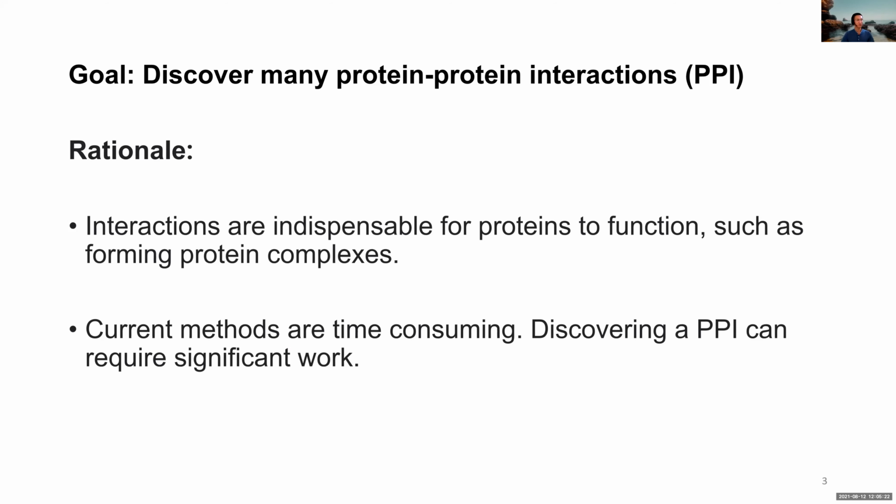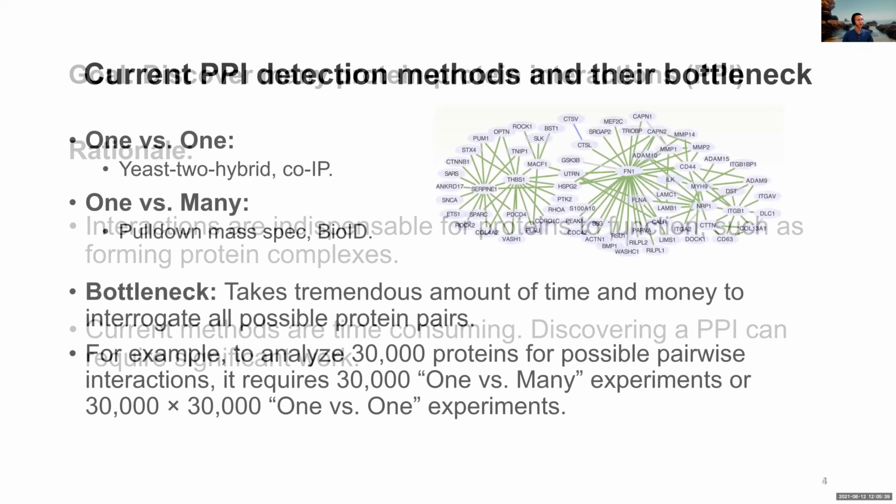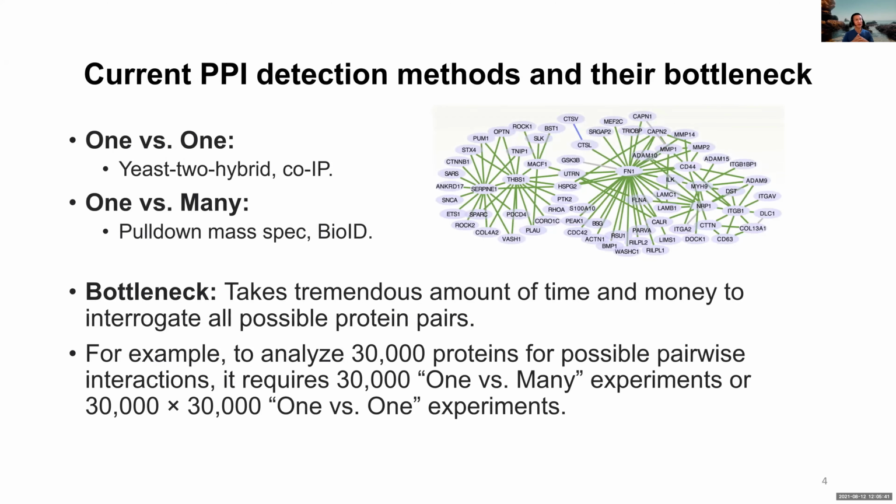Current methods for identifying protein-protein interactions remain extremely time-consuming, and to date, discovering any protein-protein interaction would still require a significant amount of work. So there are at least two classes of current methods for detection of protein-protein interactions.